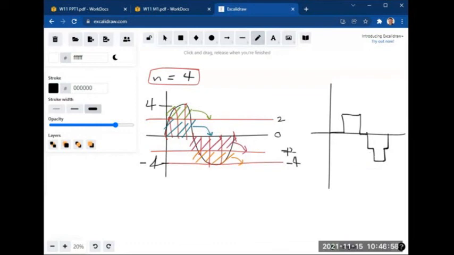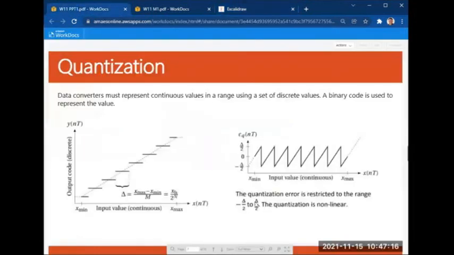Okay? So that is what we call quantization. We are not just using two voltage levels, but we will be representing our analog signal with the number of voltage levels equivalent to its resolution. That's quantization.